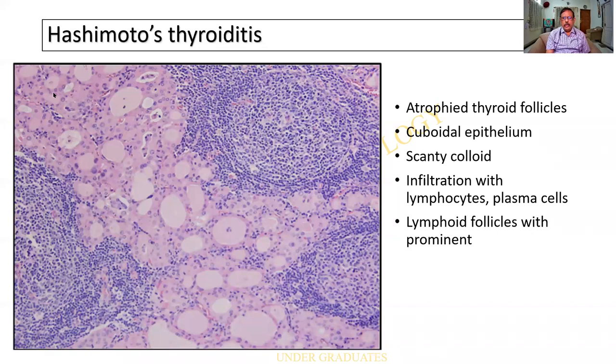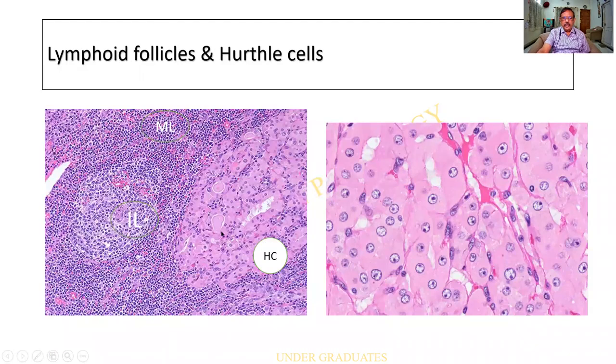Compare with the colloid goiter: the colloid is scanty and the lining cells are larger, polygonal. We call them HASH cells. There can be infiltration with lymphocytes and plasma cells throughout. And this again, these are the mature lymphocytes and immature lymphocytes.